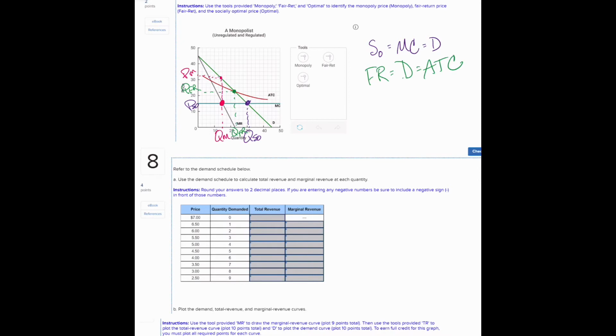So that's a really good way to understand this graphical representation. Understand the monopolist's price and output is based on that profit maximizing quantity and carried up to the demand curve for price, and the output is at that profit maximizing point. Fair return is where demand is equal to ATC, and socially optimal is where MC is equal to D.